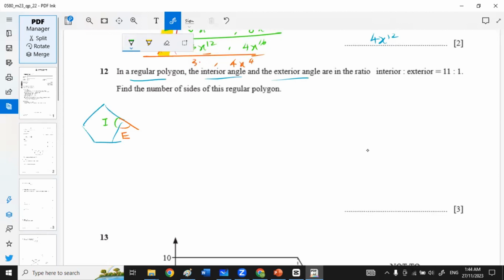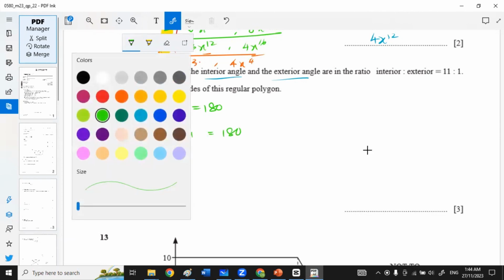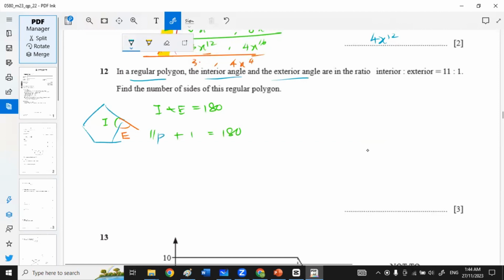So from here we know that I plus E should equal 180. It's given that the ratio is 11 plus 1 equal to 180. Since this is a ratio, we just put 11 parts plus 1 part. We get 12 parts equal to 180. So 1 part is equal to 180 over 12.